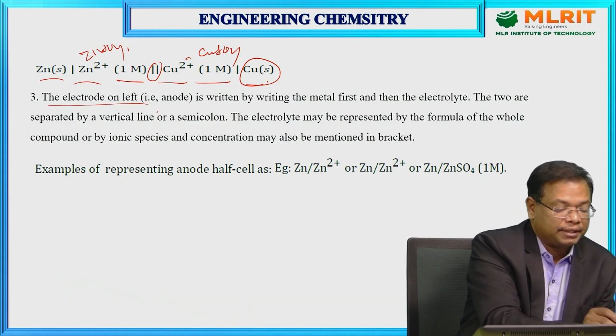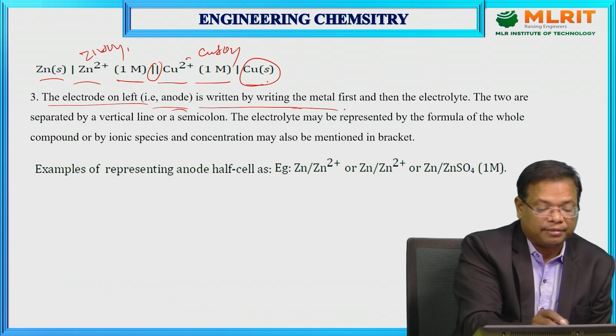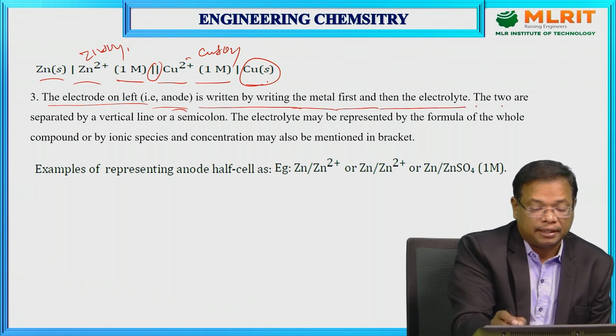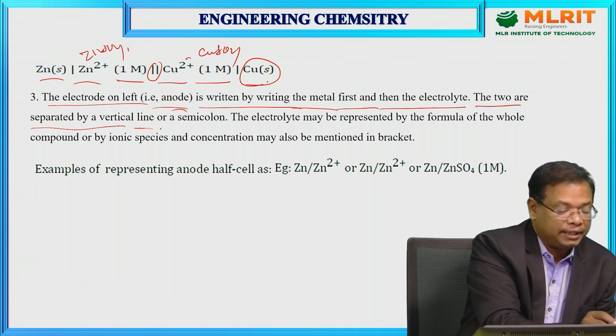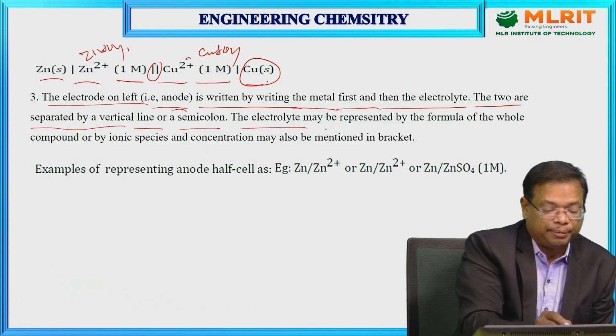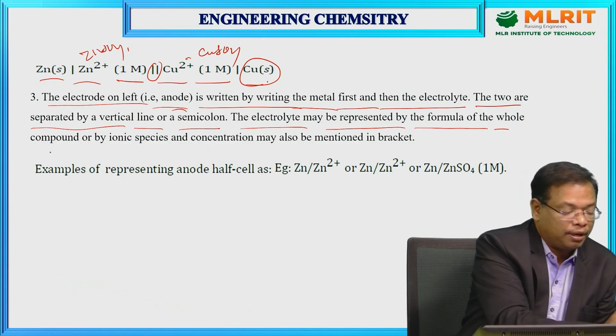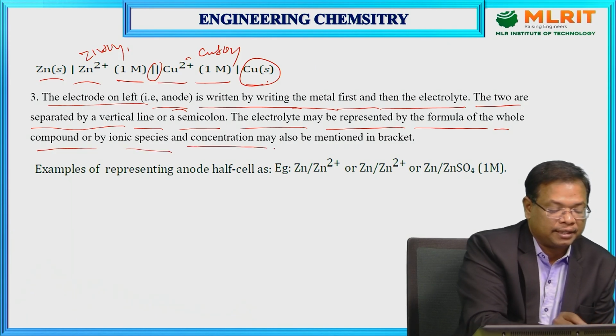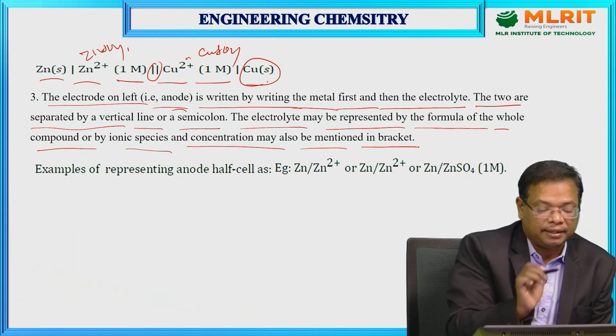The electrode on the left, that is the anode, is written by writing the metal first and then the electrolyte. The two are separated by a vertical line or semicolon. The electrolyte may be represented by the formula of the whole compound or by ionic species, and concentration may also be mentioned in the bracket.